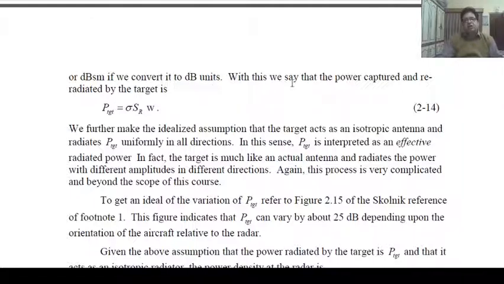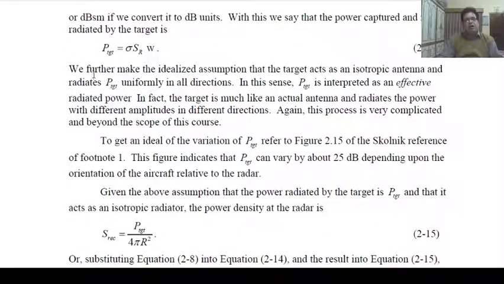With this we say that the power captured and re-radiated by the target is P target equal to sigma SR. We further make the idealized assumption that the target acts as an isotropic antenna and radiates P target uniformly in all directions.